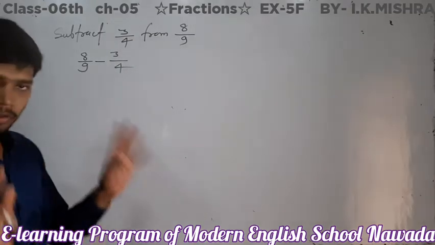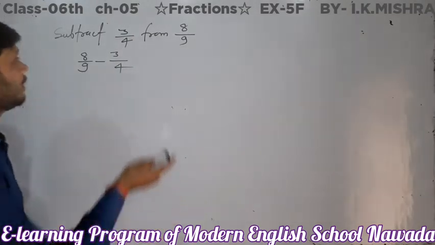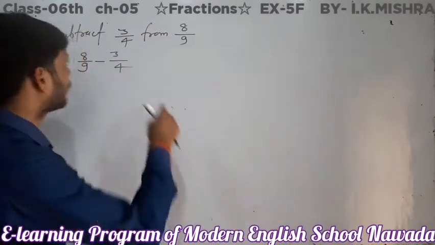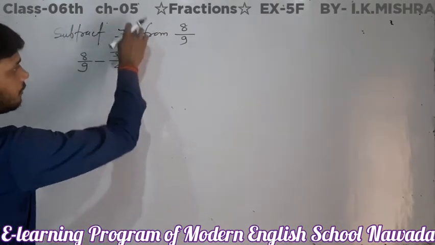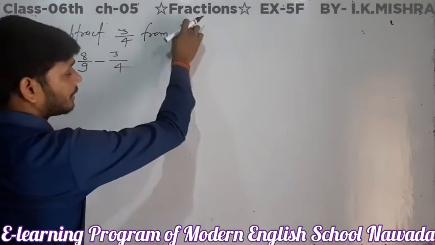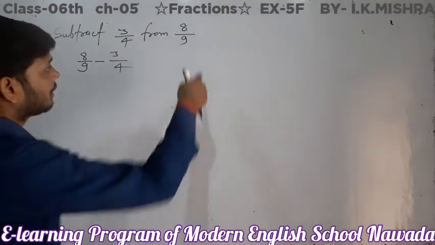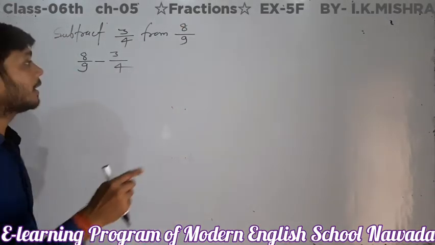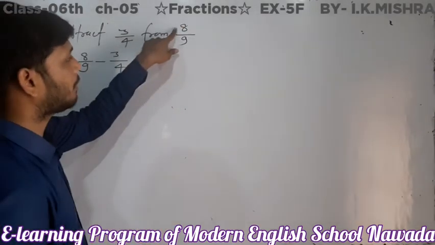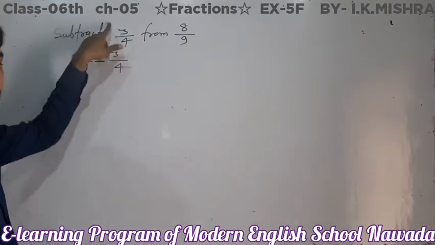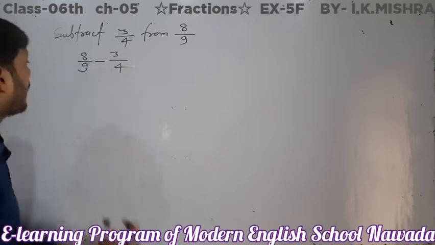Notice which fraction is subtracted from which. Here 3 by 4 is subtracted from 8 by 9, so 8 by 9 is written first and 3 by 4 after.